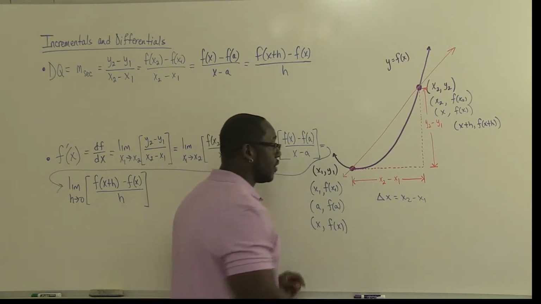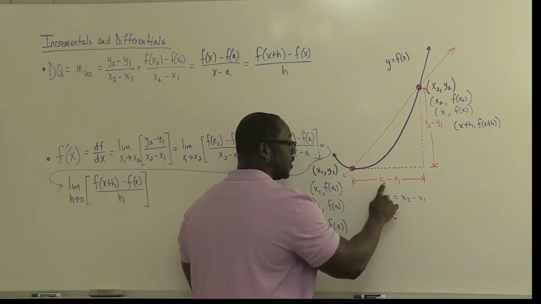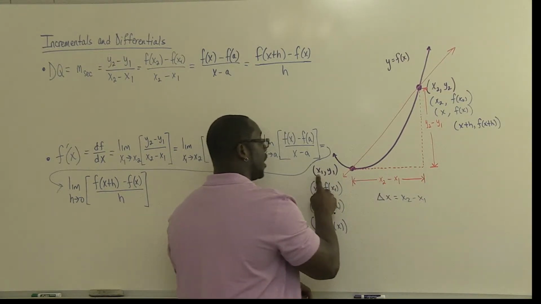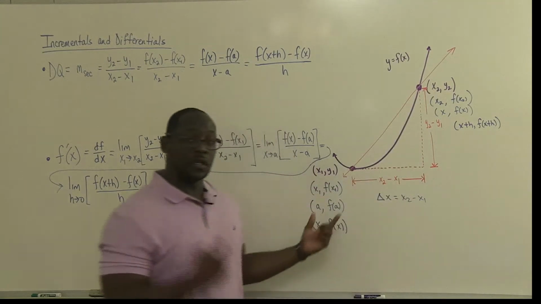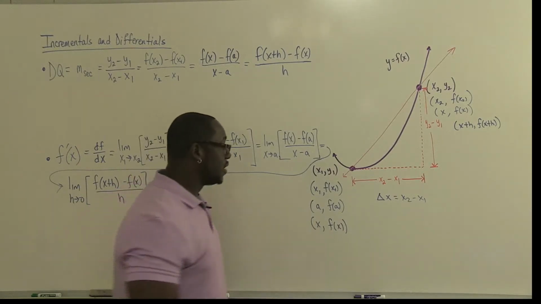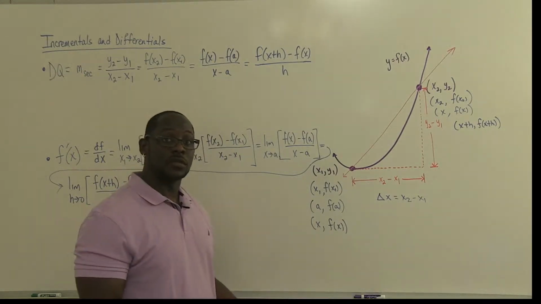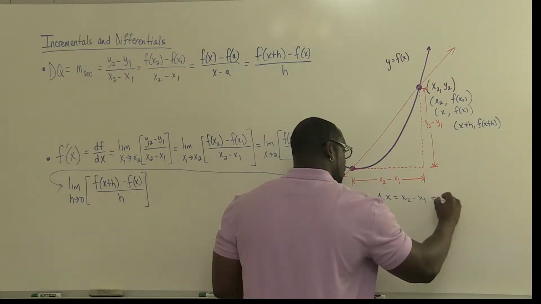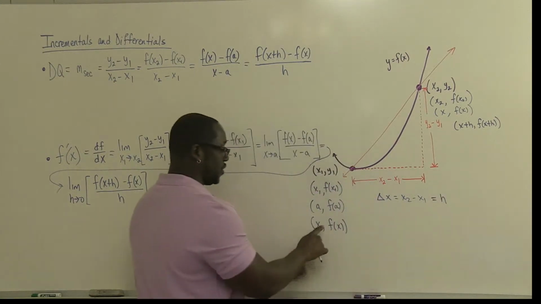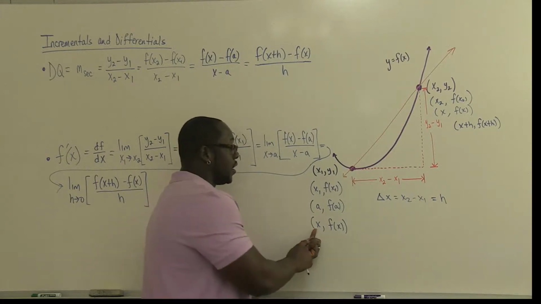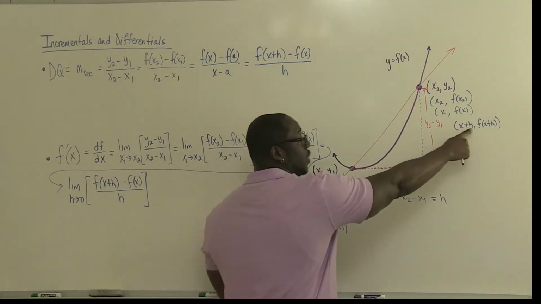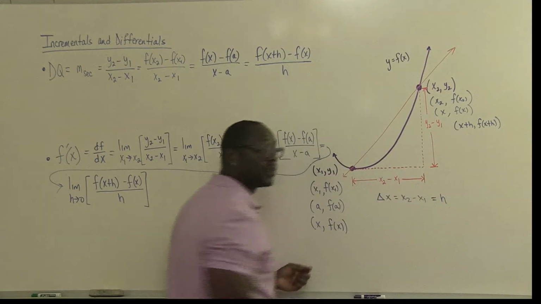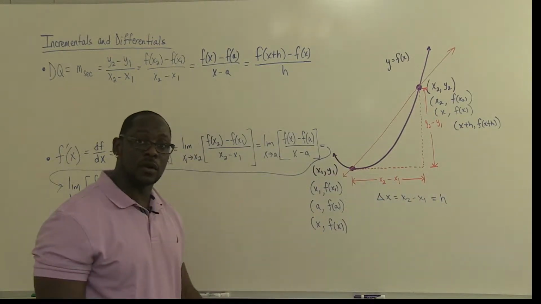Okay. Now, the change in these 2 x coordinates here, x1 and x2, the difference between those is exactly what h is. So here, this could also be interpreted as h, because we see we have x here, and then if we go h units in addition to that from x, we have another y coordinate to go with it.